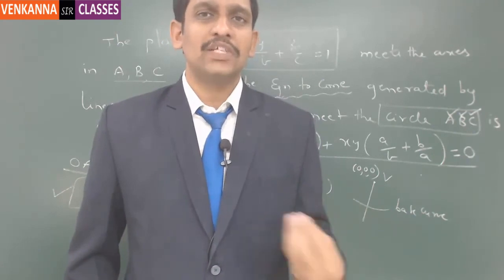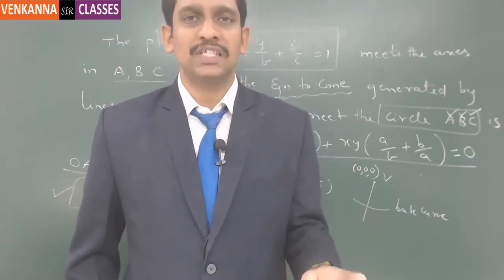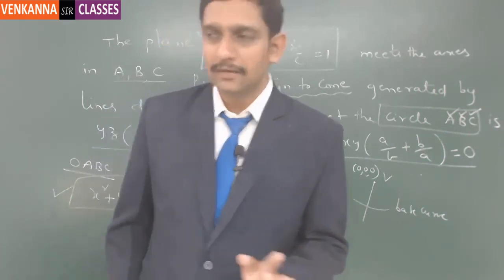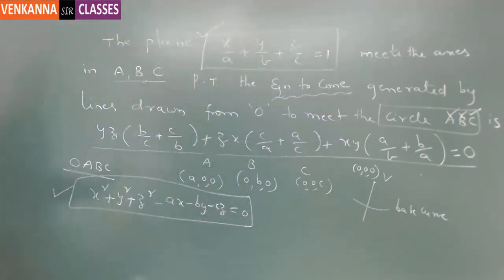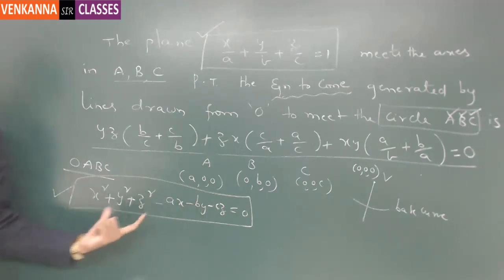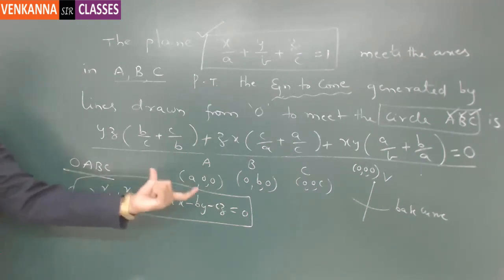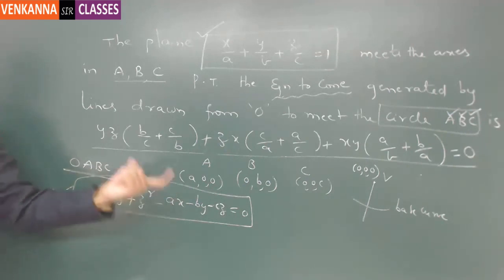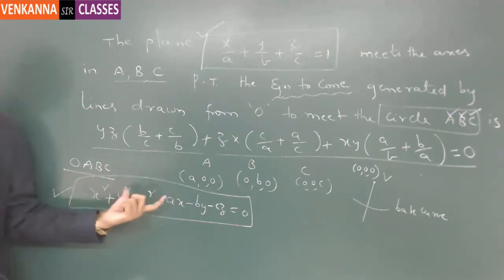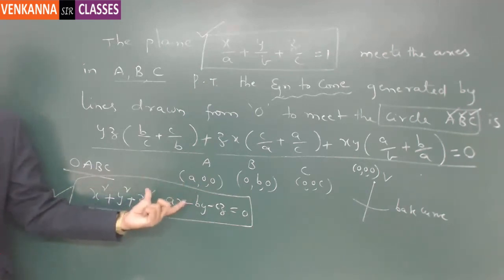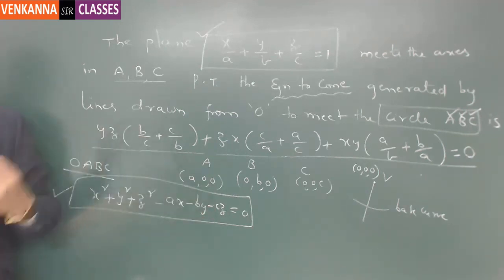So whenever the vertex is the origin, we always get a homogeneous equation that represents a cone. Clear? So if I find a homogeneous equation passing through the origin, that is the required cone equation. Now, from this sphere equation, if I make this homogeneous, then I will get the required solution. That is the main idea behind it.